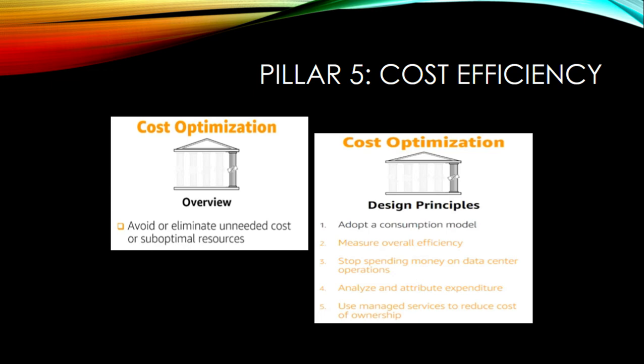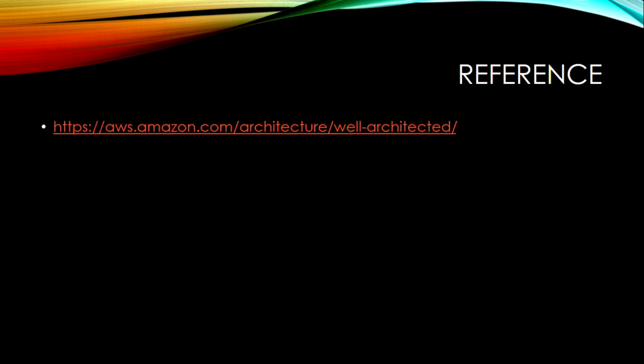So with this, we have covered the 5 pillars and their design principles. Now, for more details, you can walk through the online resource which is provided. It has more details. So just visit this particular website and it will give you more details around the well-architected framework.